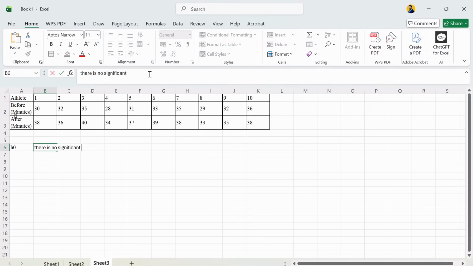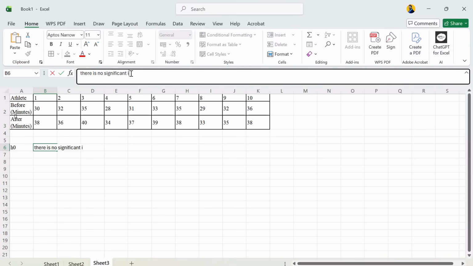So first, the null hypothesis: there is no significant increase in endurance level after the diet plan.